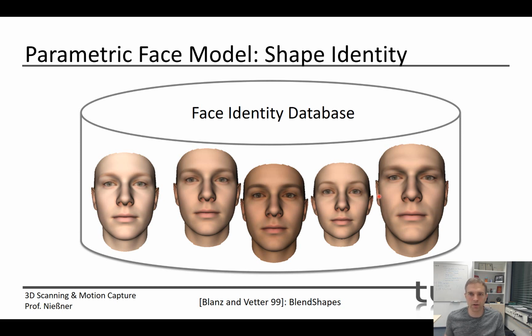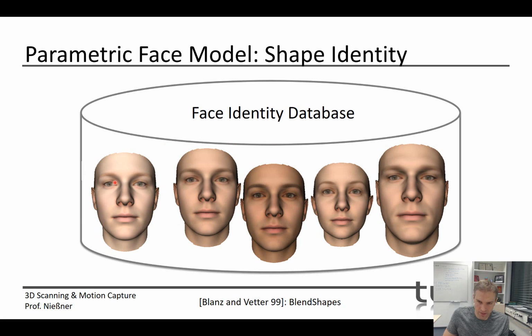So there's 2 types of variations that we're going to capture here right now. We want to capture different shapes of the human faces, and we want to capture different appearance, in a sense, of albedo of the human faces. We'll later talk about what I mean by albedo. And what we would like to do is build this parametric model based on a set of these faces that we have in our face identity database.